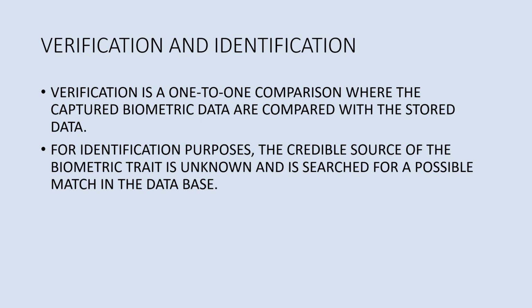Then it is the identification. So, if the source of the biometric is known, then we do verification, and if the source is unknown, then we first do the identification and then it comes to verification.